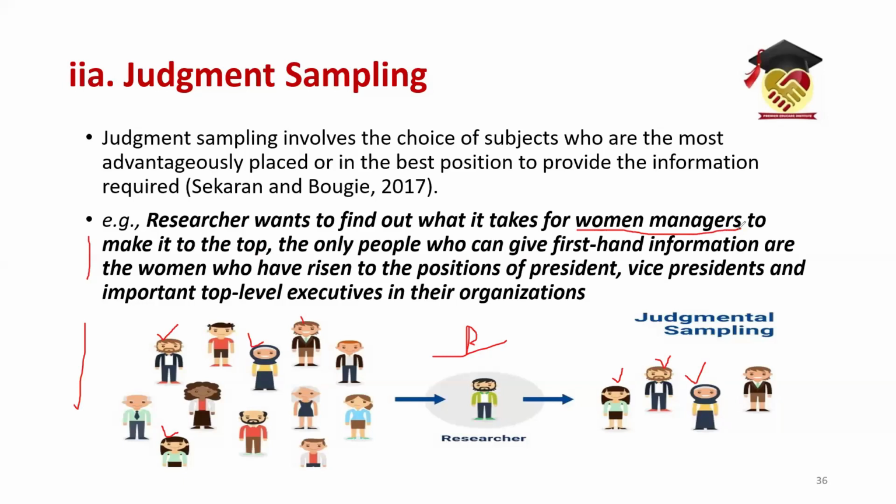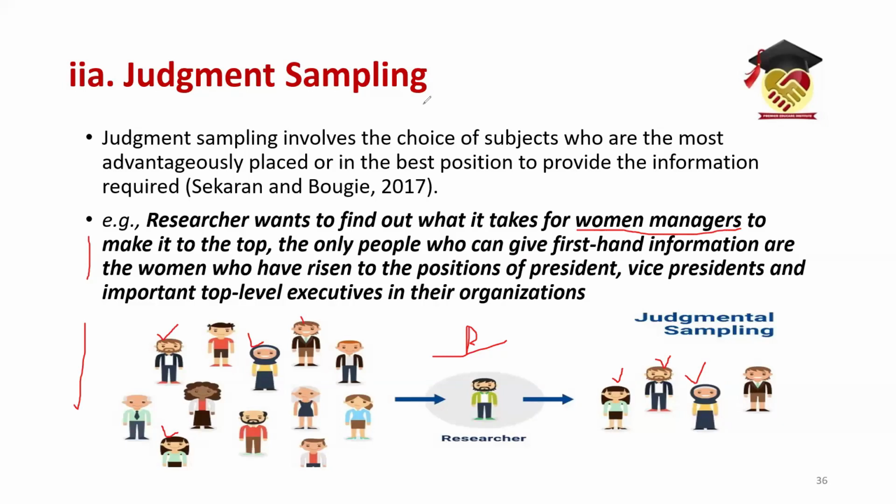There are some other standard criteria to judge her as a big one, because then you can check her profile or whatever. Anyway, there should be a justifiable criteria to select her as a lady leader like that. So this comes under judgmental sampling, again a qualitative non-probability sampling.